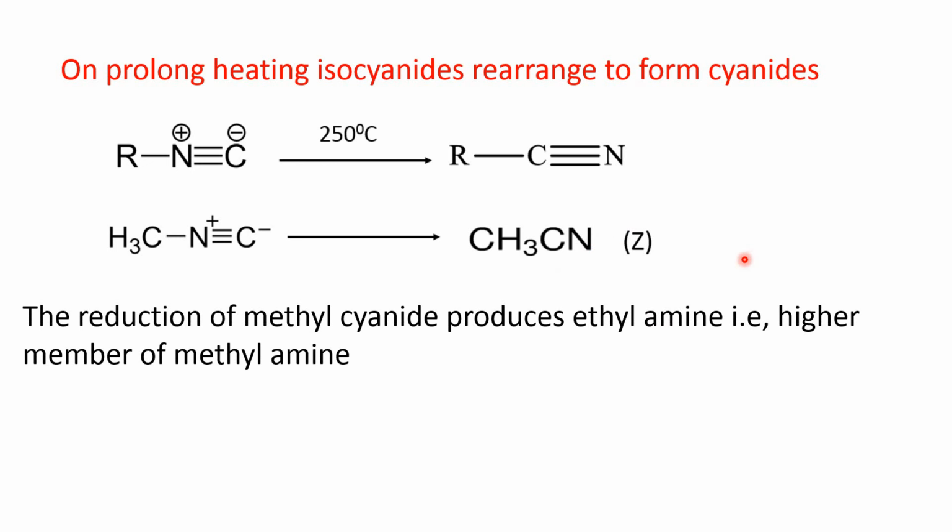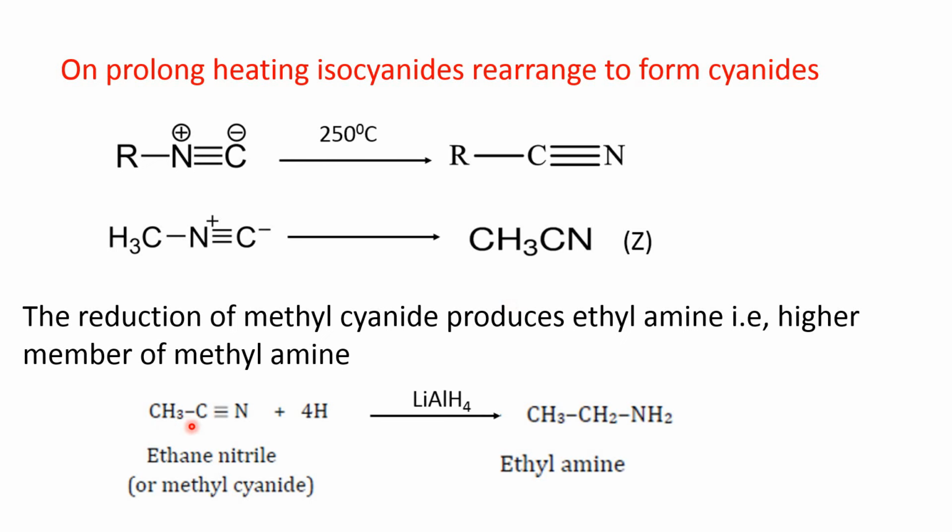Now, methyl cyanide on reduction by using a reducing agent, say lithium aluminium hydride, forms ethylamine. I'll show you. So, this is methyl cyanide on reduction. That means here and here hydrogen will be added. So, CH3CH2NH2.